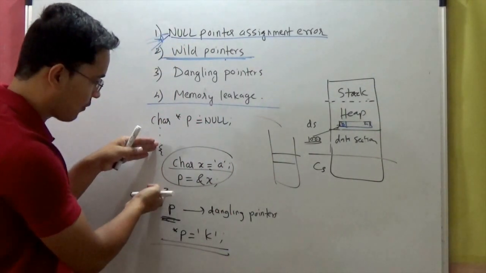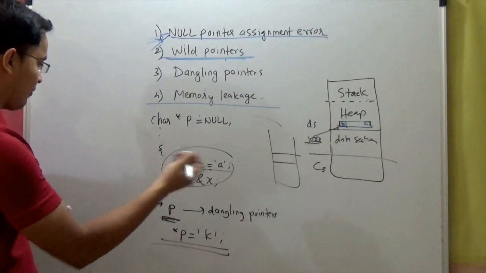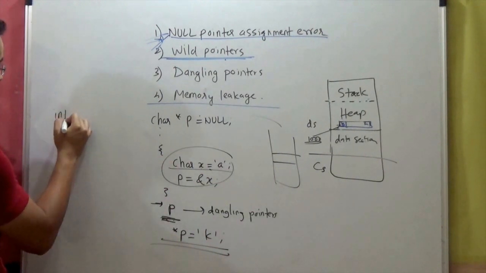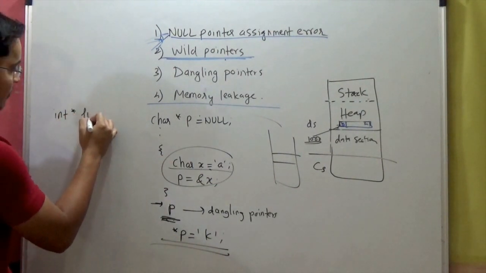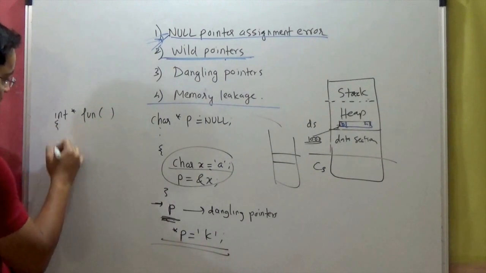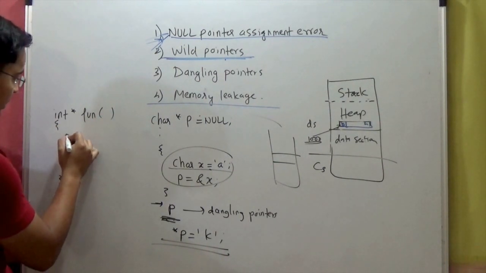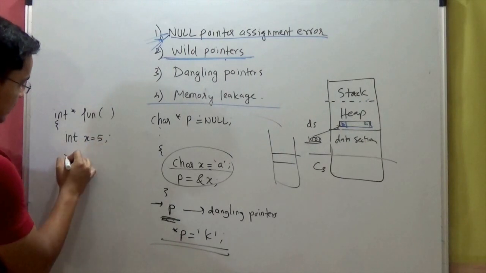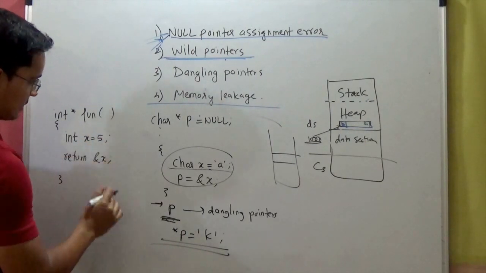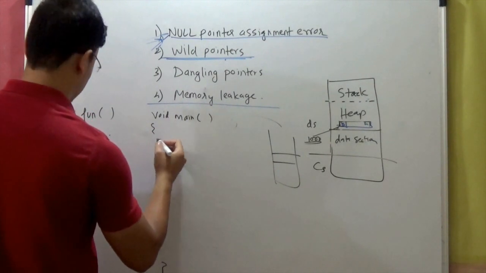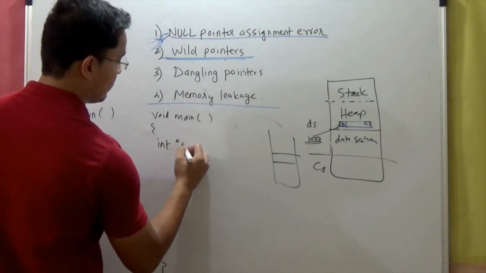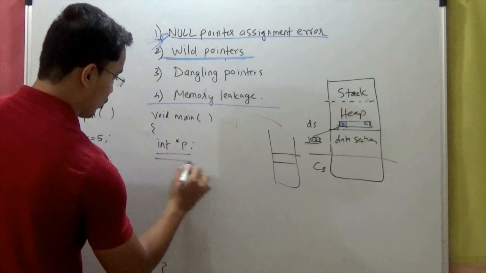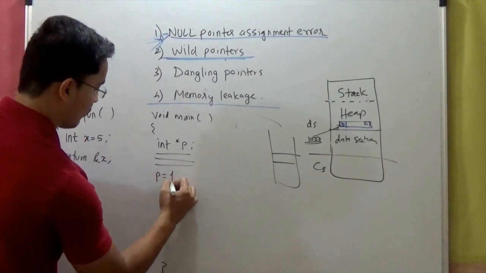This was a block of code, but this could be a function like, let's say, int star return type fun. Now you declare a variable, let's say integer x equal to 5, and then you return the address of x. You have, let's say, integer star p pointer. You have some code, and then you say p equal to fun.